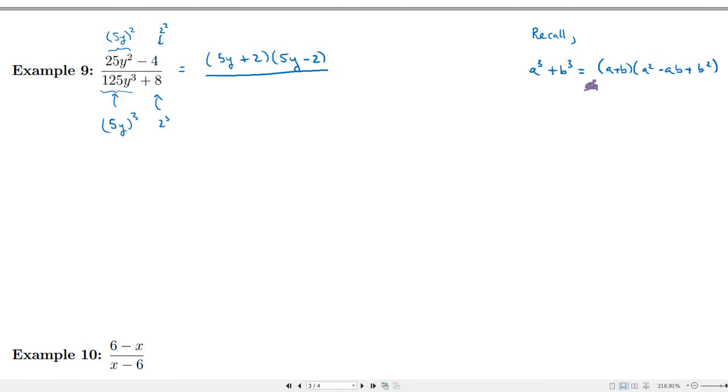So that's the sum of 2 cubes. So in our situation here, a is what? A is this 5y, and what's b? B is 2.